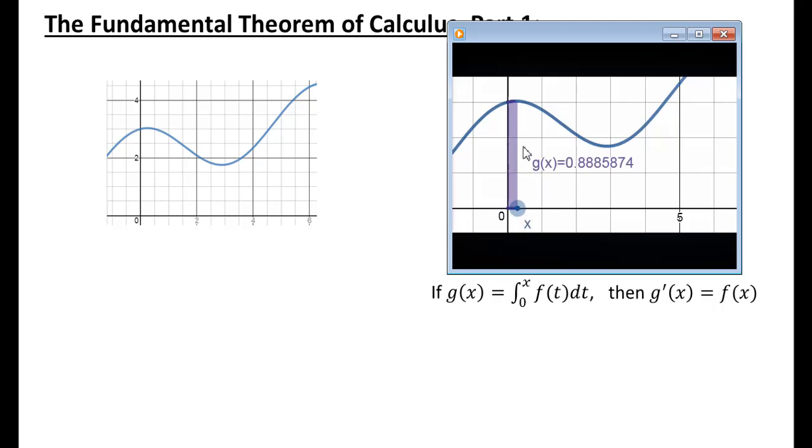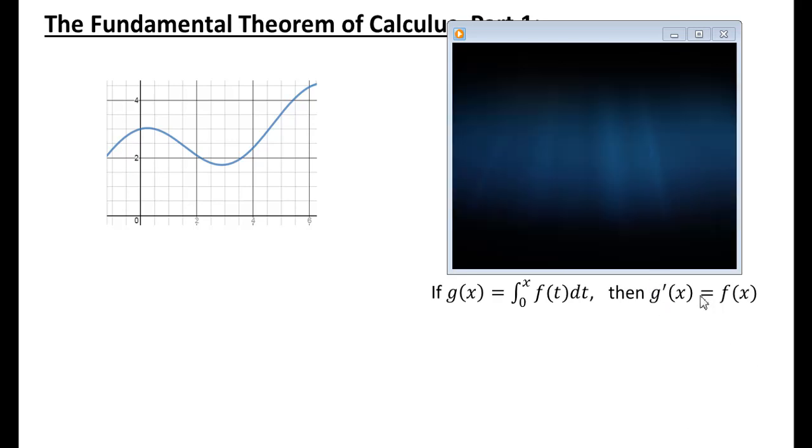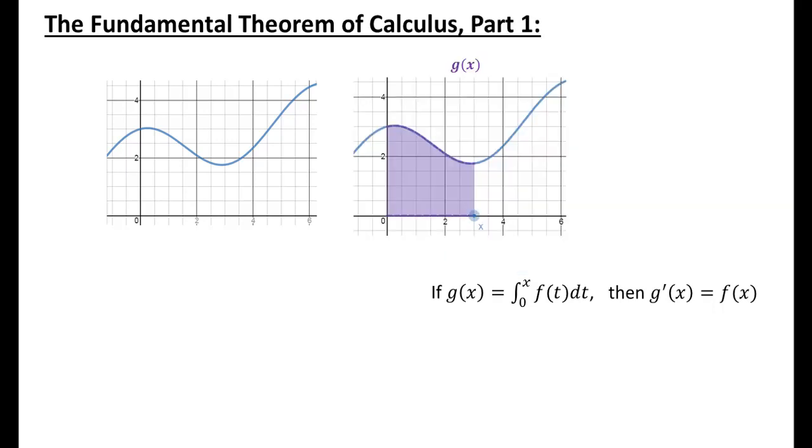There's going to be more purple area here, and this value, g of x, is going to get bigger. So this is what we mean. As x is getting bigger, g of x is encompassing more of that purple area, and the value for g of x is getting bigger. Here's g of x shown in the purple. So the blue is f of x, and the purple here is g of x.